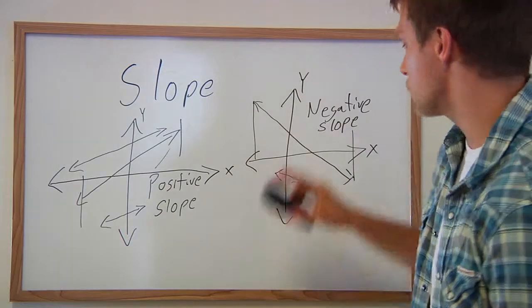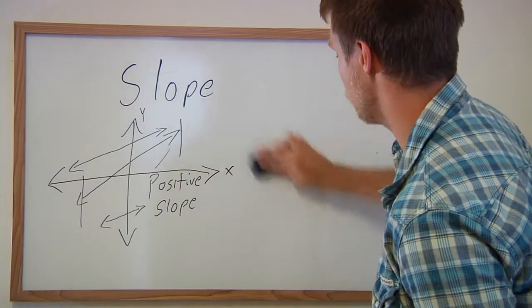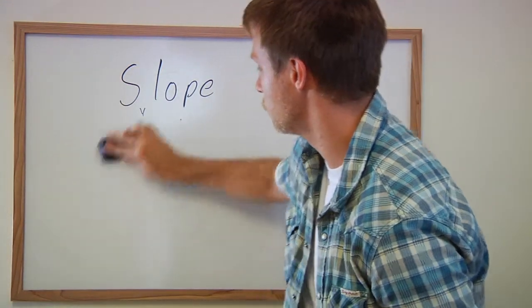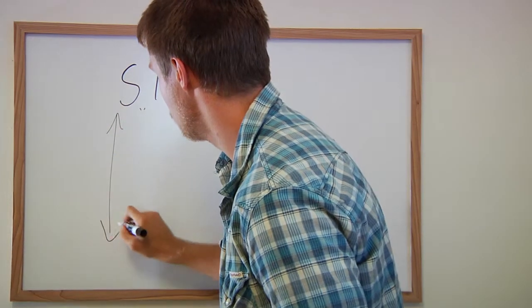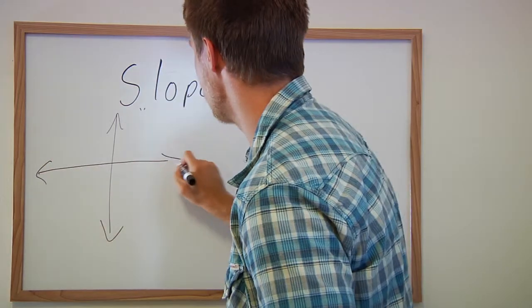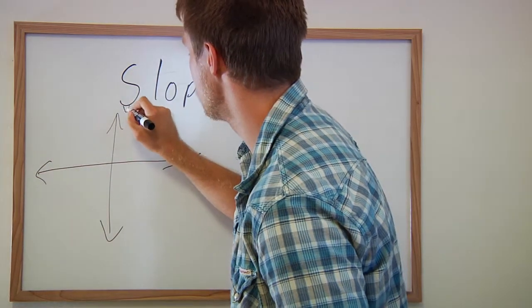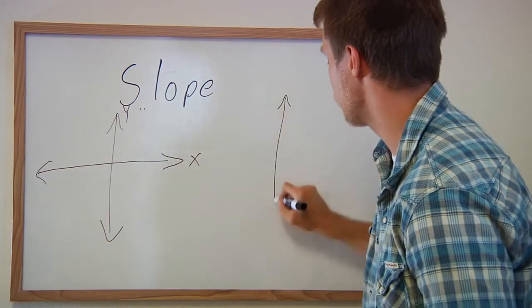There are two other special cases that I'd like to talk about other than negative and positive, so let me draw two little graphs again. Once again, we have our xy axis.